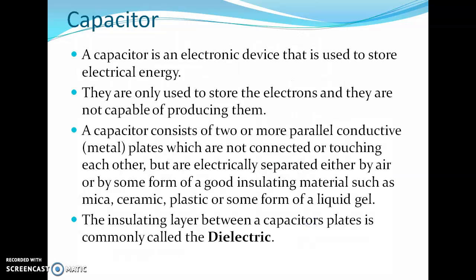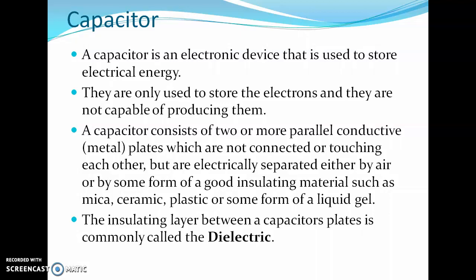So these are the basic components: diodes, transistor, capacitor and resistor, which are used in electrical circuit. Now capacitor. A capacitor is an electronic device that is used to store electrical energy. They are only used to store the electron and they are not capable of producing electrons.